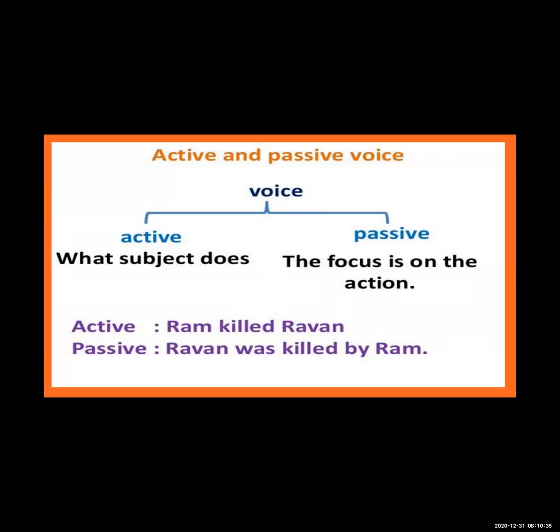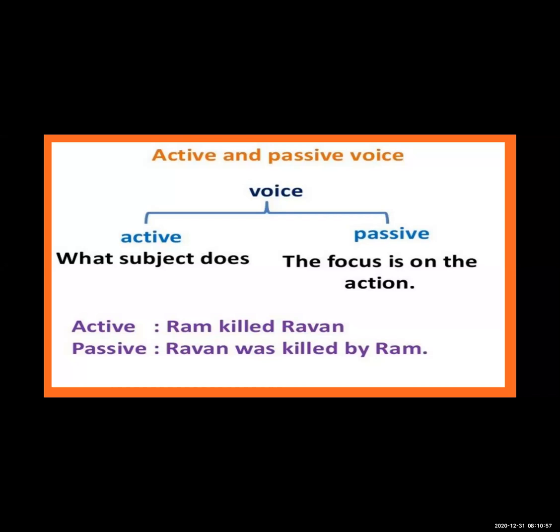In this sentence you can see the main stress is given to Ravana. In the active voice, Ram killed Ravana, Ram was given more importance, and in the passive form, Ravana is given more importance.